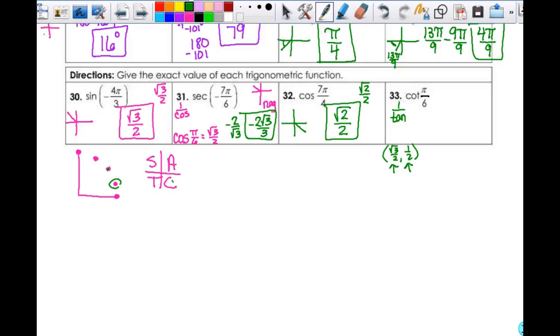Well, tangent is sine over cosine. Cotangent is going to be cosine over sine. I have the cosine value, I have the sine value, I just have to make a fraction. So it's the square root of 3 over 2 over 1/2. That means I get square root of 3 over 2 times 2 over 1, which is just the square root of 3. And there you go.